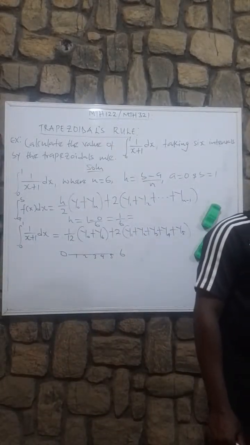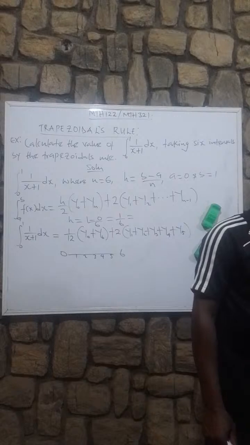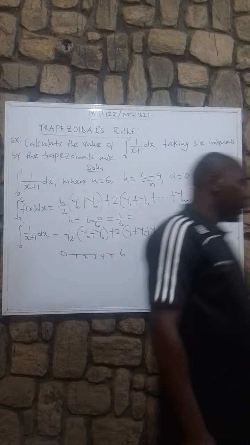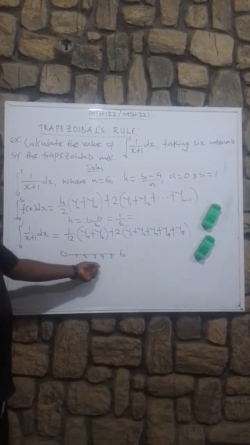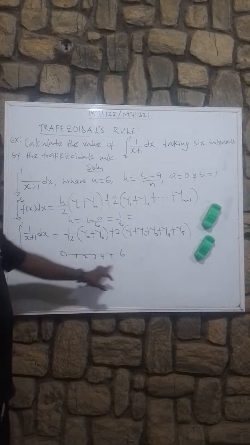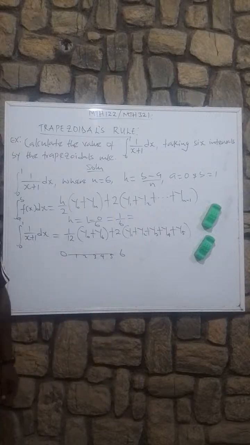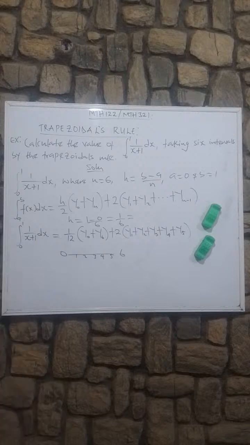Is that clear? It means x, we are going to consider it from 0 to what? 6. Do you understand? Let us have a diagram.